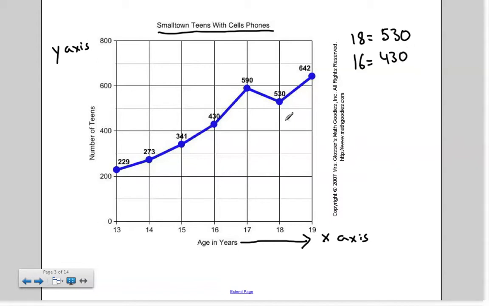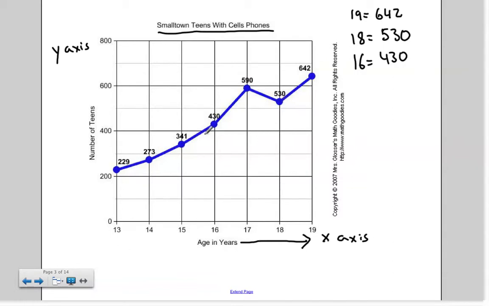But if Mr. Elkin were to say 19-year-olds have less cell phones than 18-year-olds, well, we look at our line graph and we see that 642 19-year-olds in a small town will have cell phones, as opposed to only 530 who are 18. So we know what I just said is false.